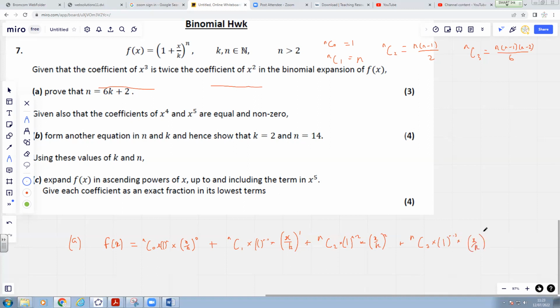Now, some people are thinking, oh, I only needed to do this term and the preceding term, these two terms. I completely agree. I just like to show people the pattern so they get used to the pattern.